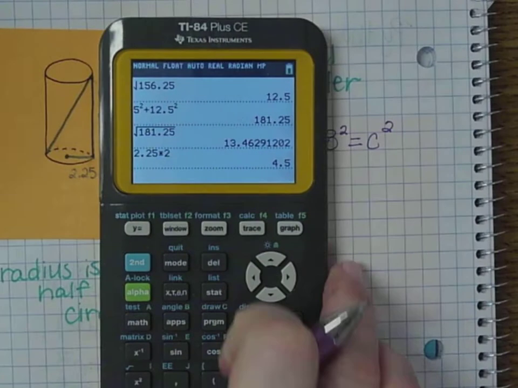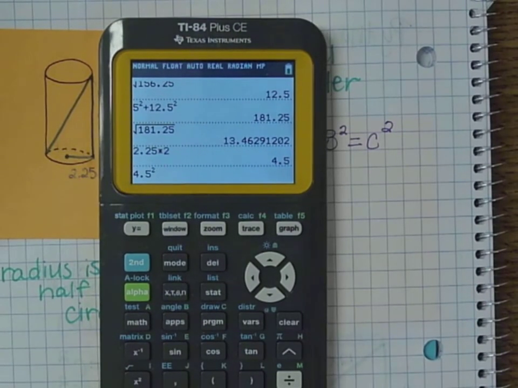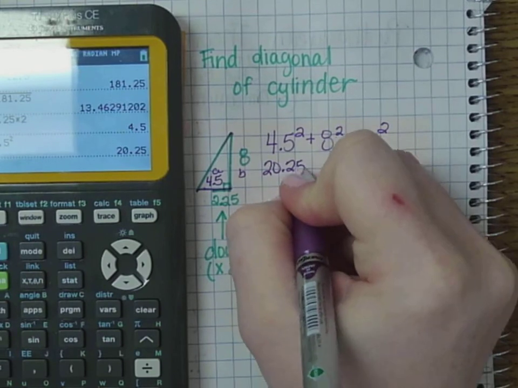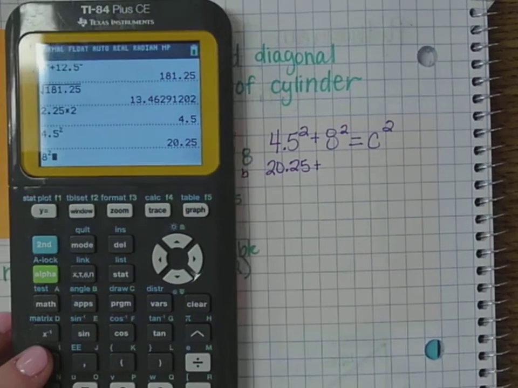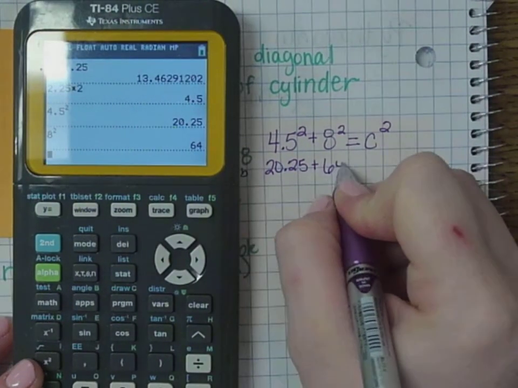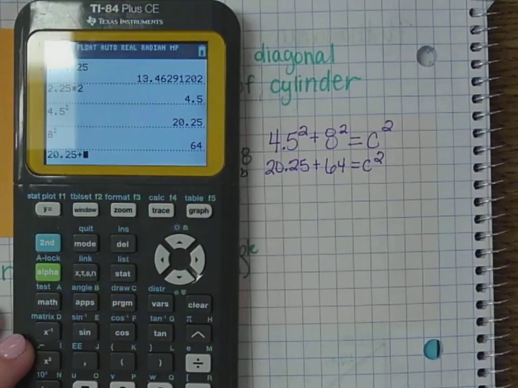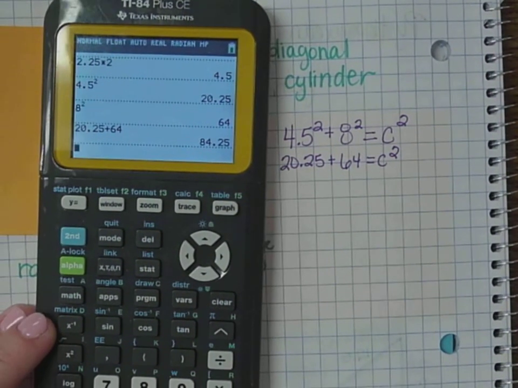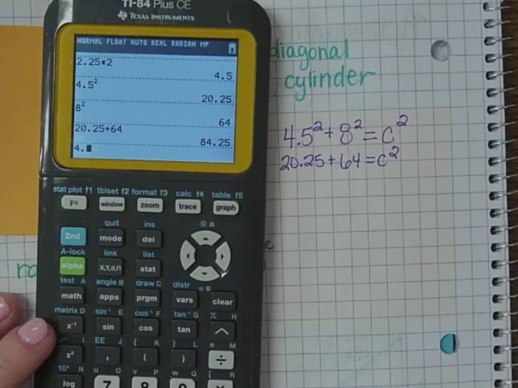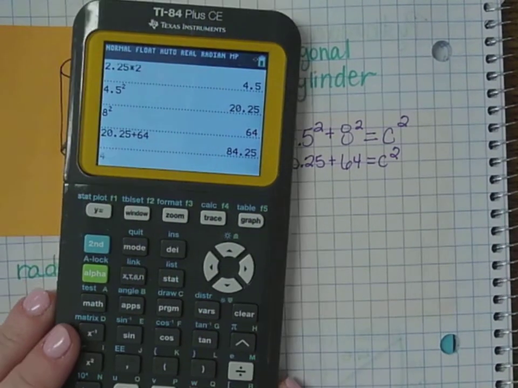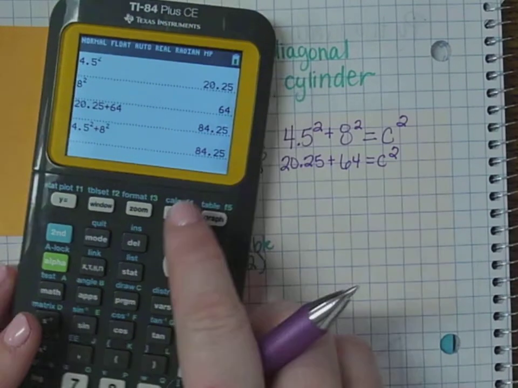Okay, so let's do 4.5 squared. That's 20.25, plus 8 squared is 64. 20.25 plus 64. Or, I've been doing it in the other parts of the video, I just wanted to address it, you can type it all in at once. Notice it gives you the same answer.